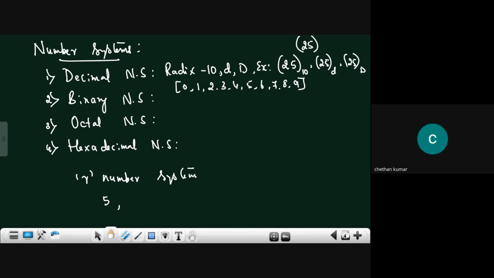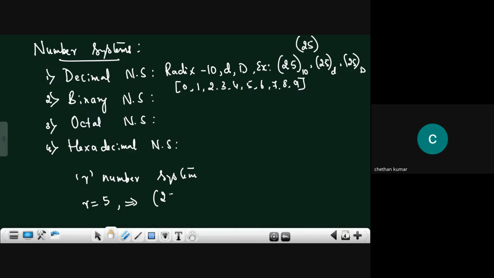If I write here radix is 10, by default you understand it is the decimal number system. If my radix is equal to 5, what number system is it? This is a base of 5. If R, the radix, is 5, it is a base of 5.